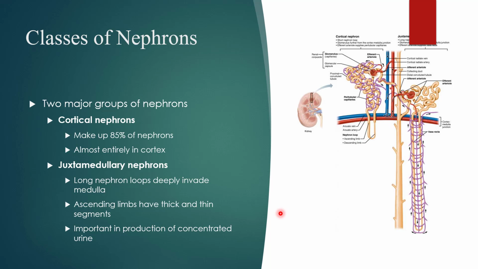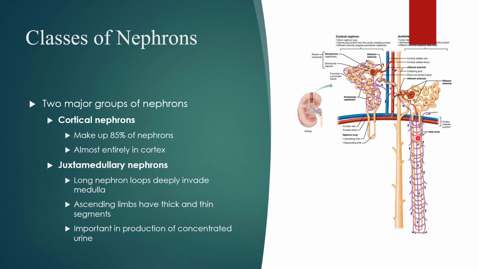All right. And what is important with the juxtamedullary nephron is that it has a series of capillaries that look like a ladder, and they pretty much are the only one.